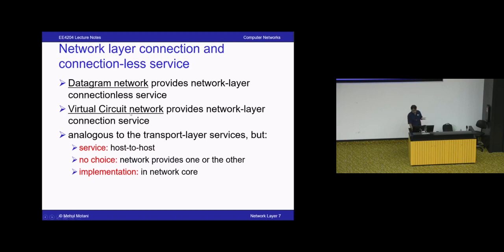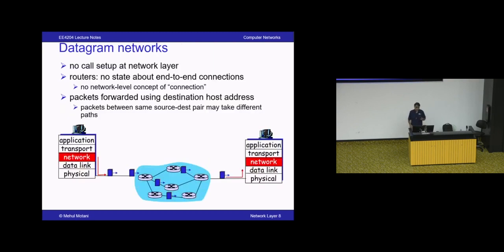And a packet switched network, because the object at the network layer is called a datagram, is called a datagram network. In a datagram network, there's no call setup. Now, the transport layer, which is end-to-end, has a call setup.